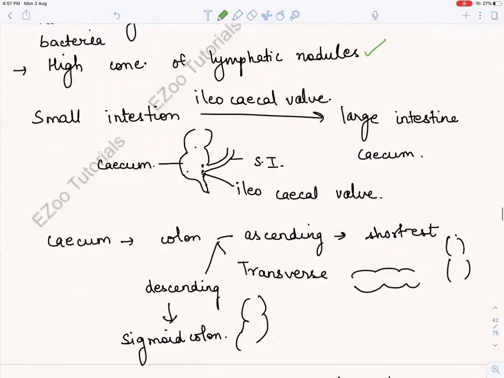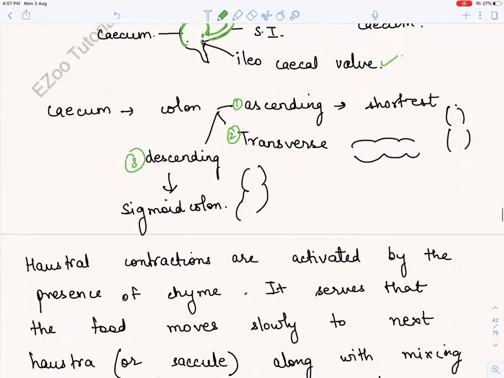So we saw what the ileocecal valve is. This is the first portion of the large intestine, the cecum, and this is the small intestine. So this is the ileocecal valve. Then the food from the cecum goes to the colon, which is divided into three parts: ascending, transverse, and descending. From the descending colon, it goes to the sigmoid colon.